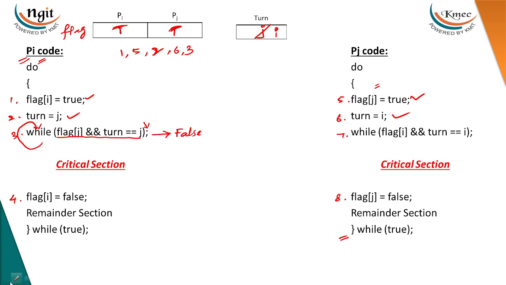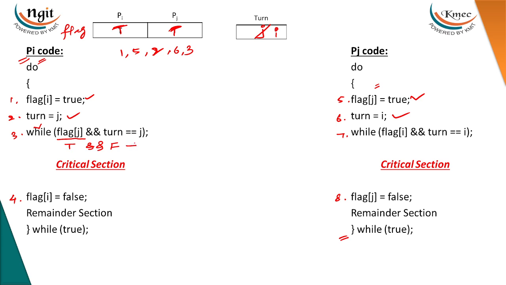Now let's see what will happen. Look at the values. What is flag of j? It's a boolean variable, so flag of j equal to true. And is turn equal to j? No, turn value equals i, so it is false.